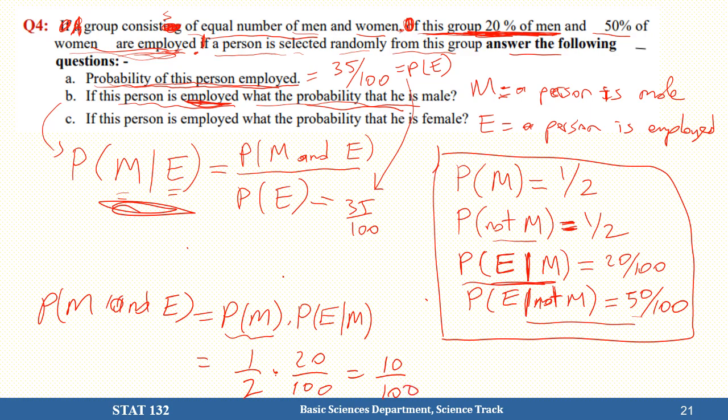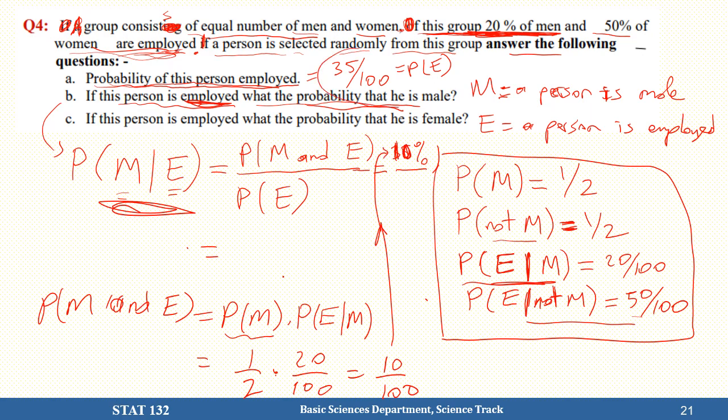So now we got it, so we can write it here. So this will be equal to, 35% divided by, no, this is 10%, sorry. It's 10%, it's coming from here and here.